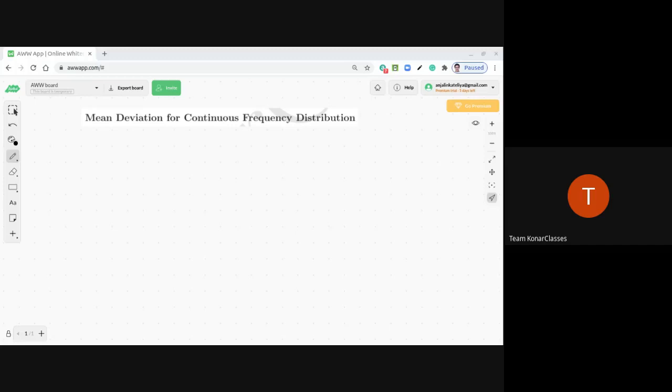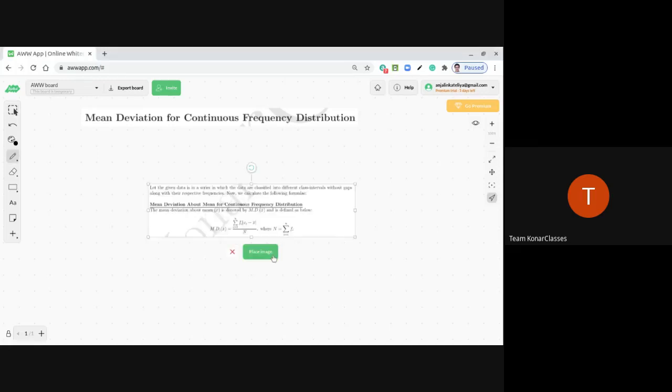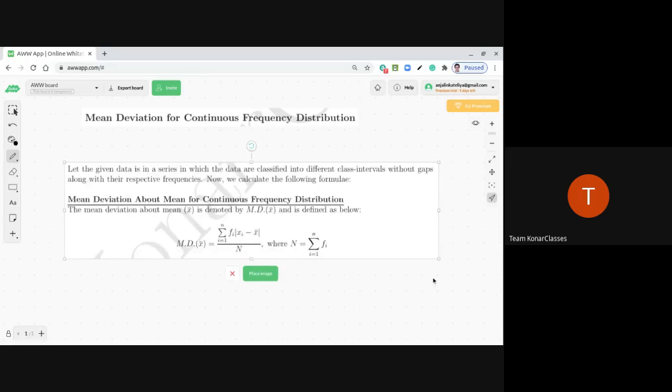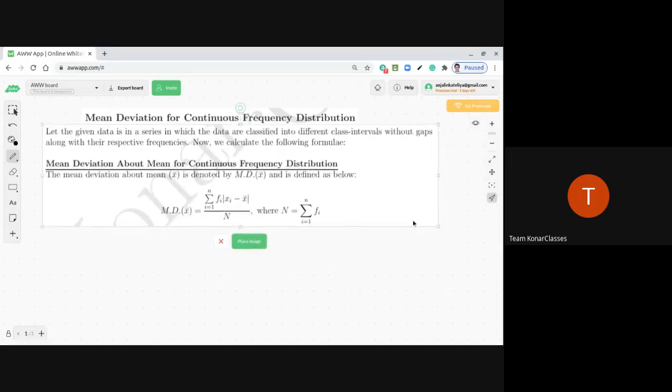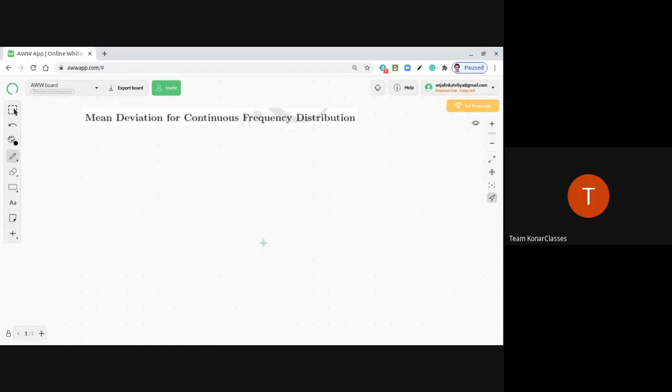And we can calculate the mean deviation about mean for continuous frequency distribution based on the following formula, as I'm going to show you now. The way we are going to compute the mean deviation about mean for continuous frequency distribution is like this.